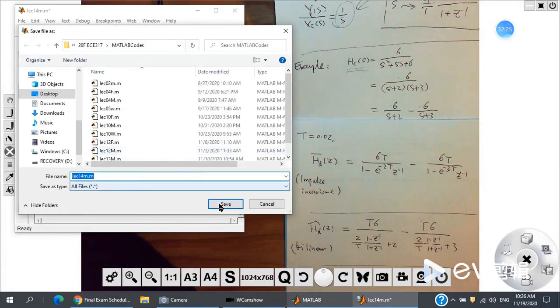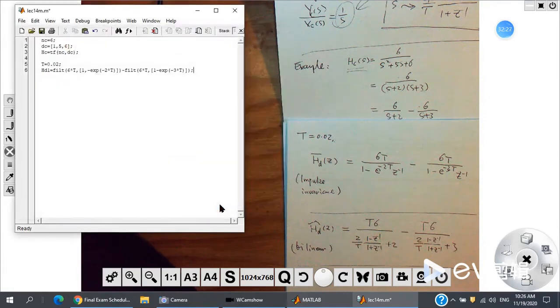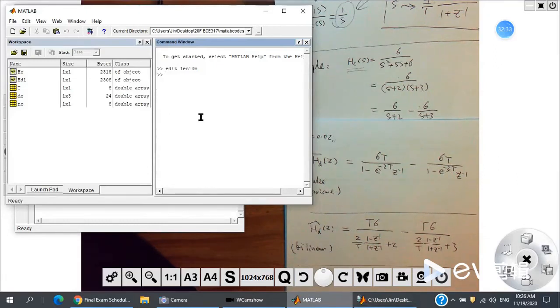F5, save it, yes. Okay, nothing wrong, so it works. I have HC and HD1. Okay, we have both, right? The computer does the calculation.